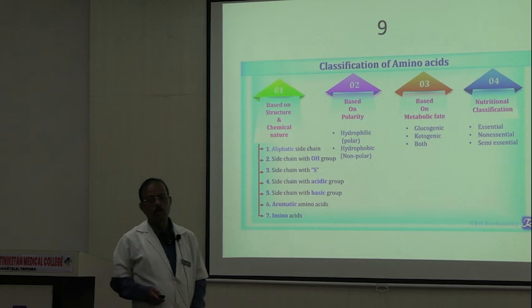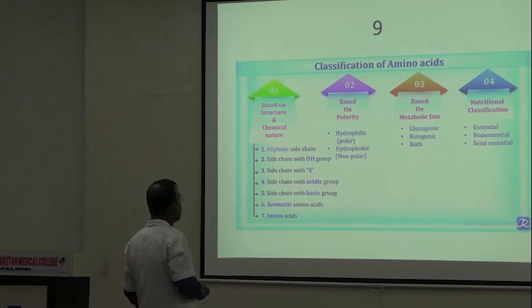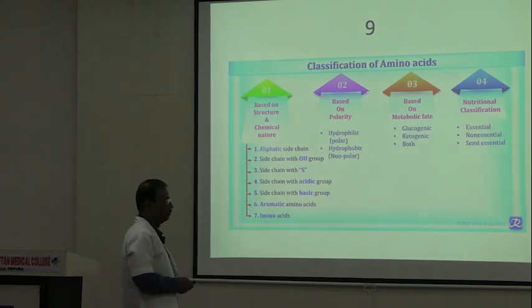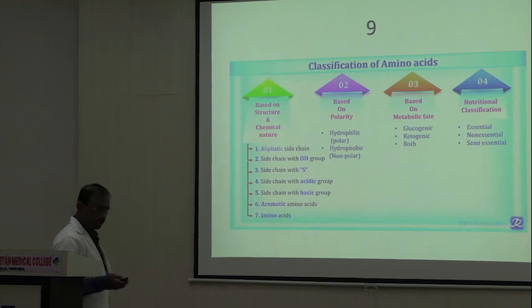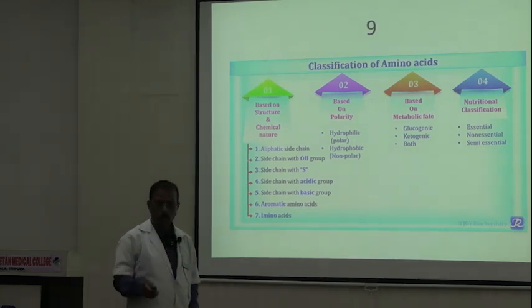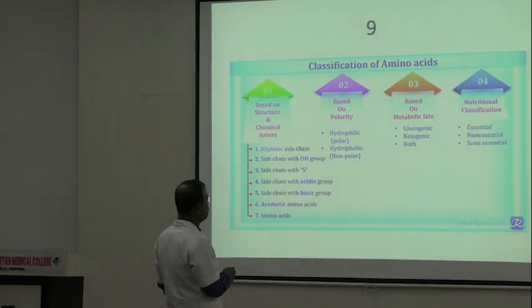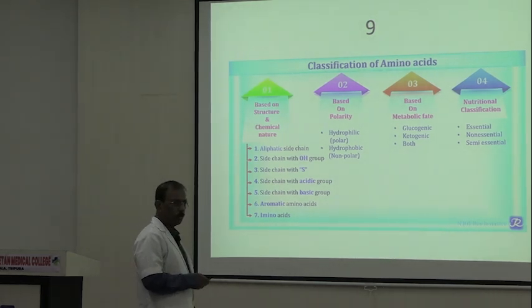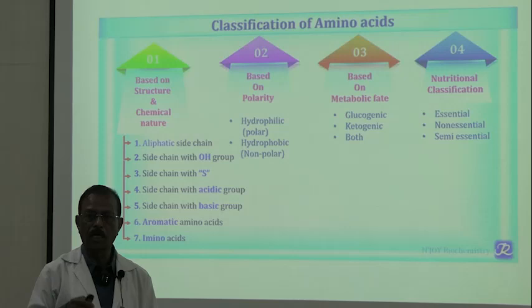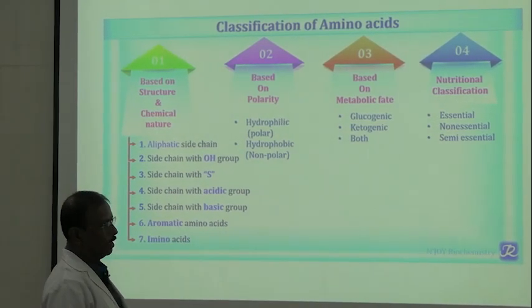Now, coming to the classification of amino acids, they are broadly classified into 4 types based on structural and chemical nature. Considering the factors on which the classification is made, they are: structural classification, classification based on polarity and solubility in water, classification based on metabolic fate, whether they produce glucose or lipid, and nutritional classification.